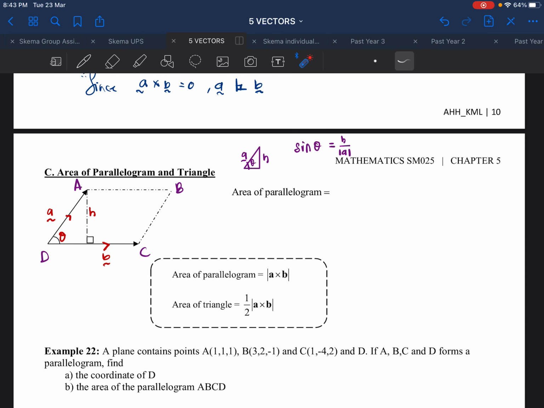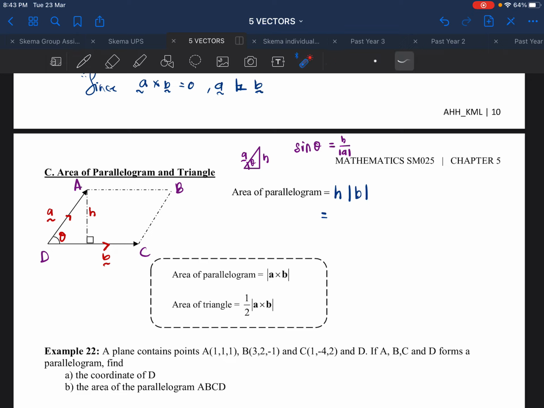So, kita nak cari area of parallelogram. Untuk cari area of parallelogram, macam mana nak cari? Kita ada H darab dengan panjang ni, betul tak? So, kita tahu ini adalah vektor B. Kalau length dia ialah magnitude dia lah. So, H darab dengan magnitude of B. Okay.